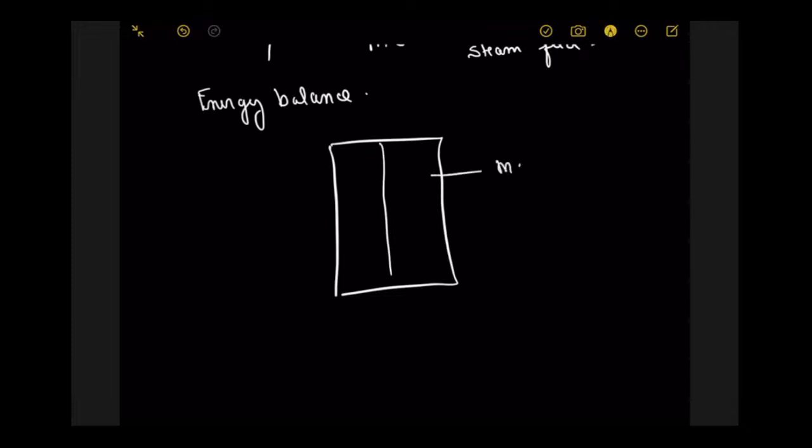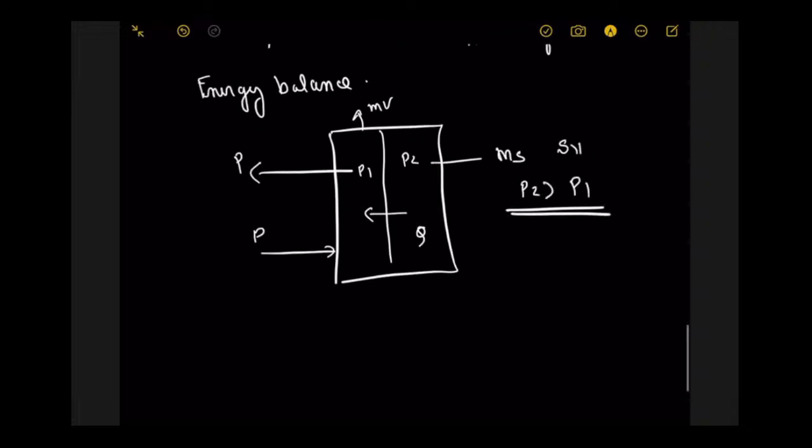So here again, mass of steam into enthalpy. Same thing, vapor is coming, here your product is coming, your feed is moving, and here is the supply. If it is P2 and P1, then obviously where we are supplying the steam, P2 is greater than P1.